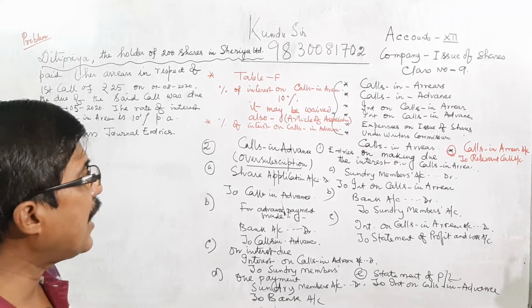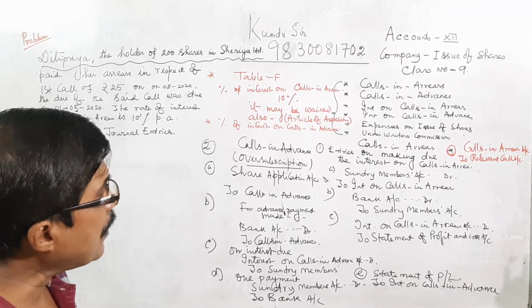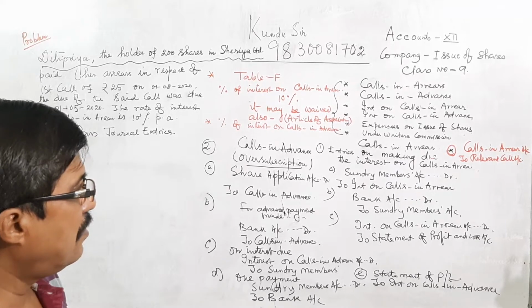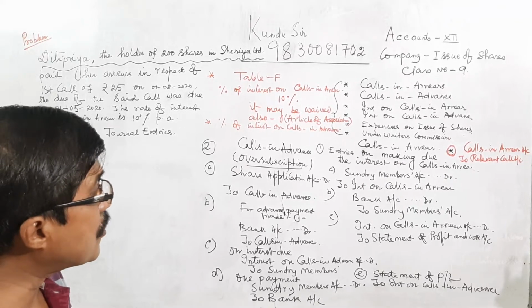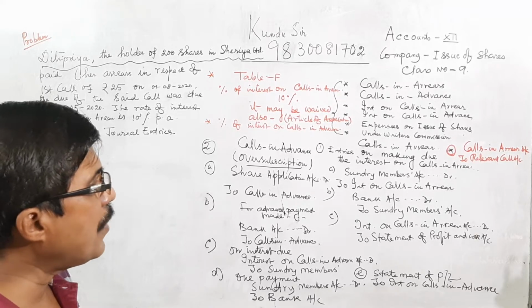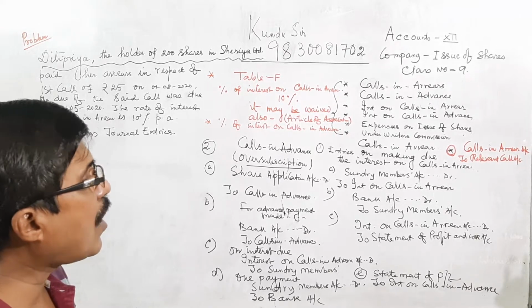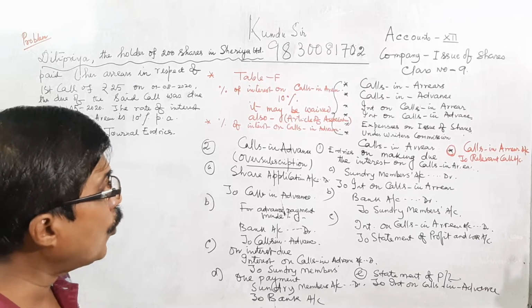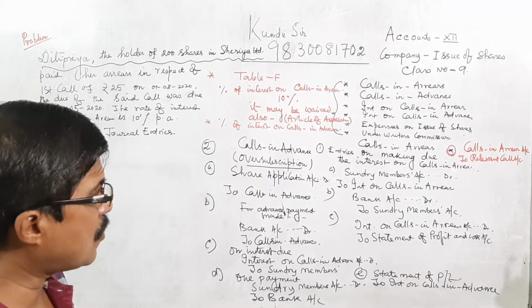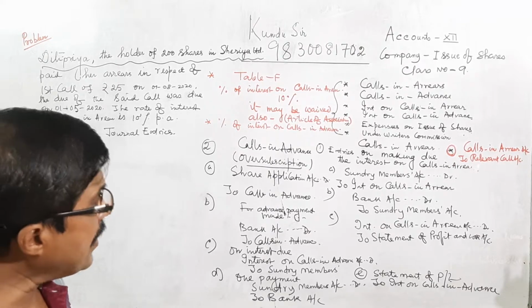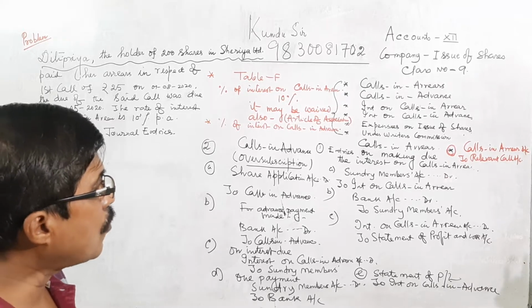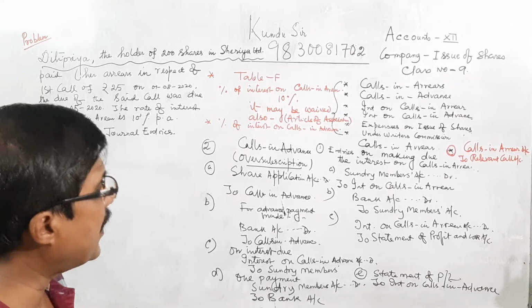The arrear is created when a member is not paying their due money. Then the entry will be calls in arrear account debit to the relevant called account. Relevant called means it may be first call, final call, or share allotment also. That means the calls in arrear account is created.